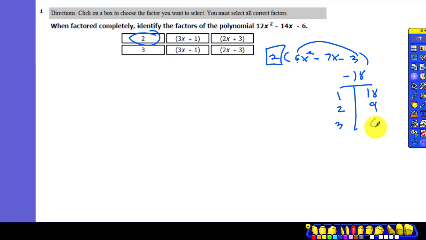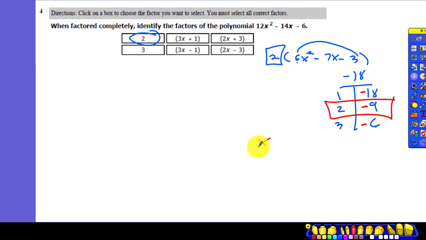That's it, right? Now, this is negative, so one is positive, one is negative. When you check the middle term, it's negative, so the bigger factor should be negative. Which one will give you a sum of negative 7? 2 and negative 9.